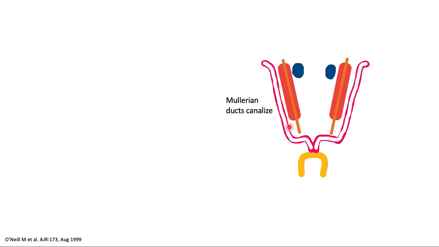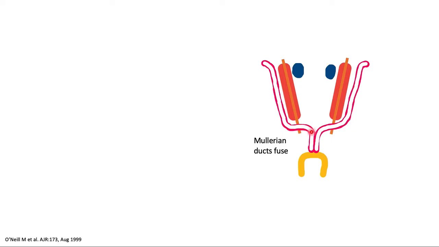These Mullerian ducts will become hollow, or canalized. Then the ducts will fuse, and as a result of this fusion, a residual fibrous septum will form. Now at this point, where the distal mesonephric ducts and the Mullerian ducts meet, a tubercle will form.